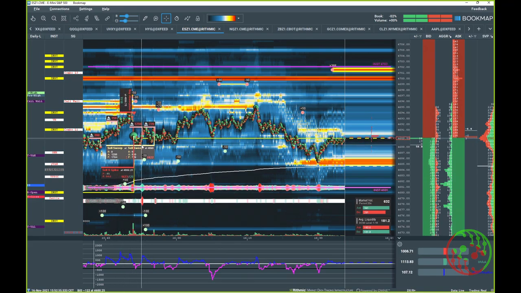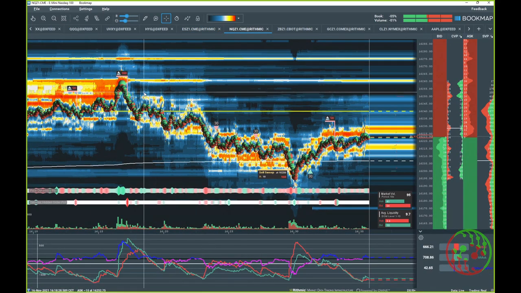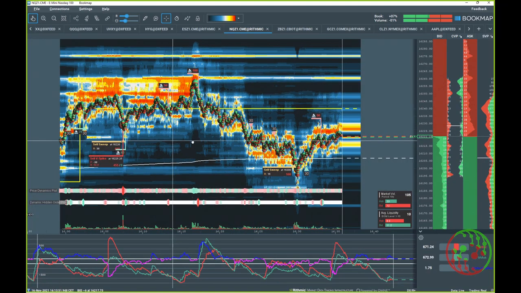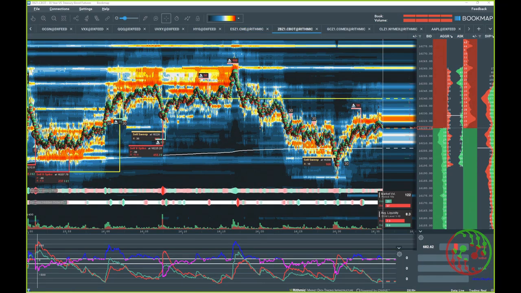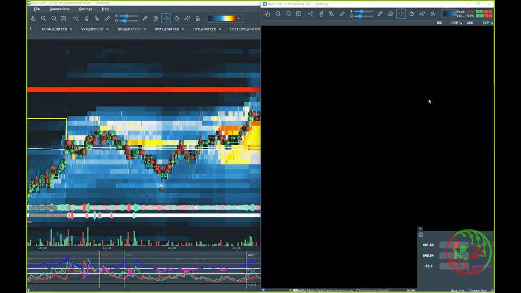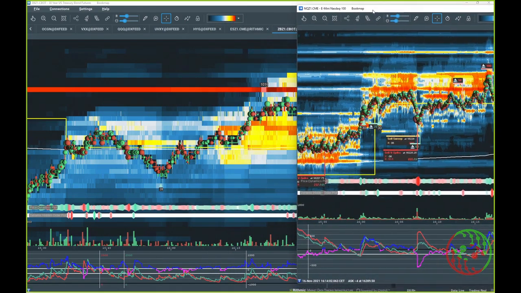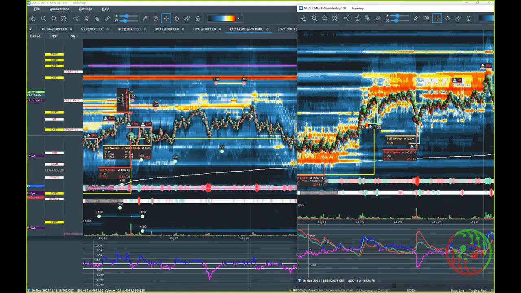It's impressive, ladies and gentlemen. What I would have theoretically done on NQ, because I'm not trading NQ, is split the screens and see that someone is selling here.